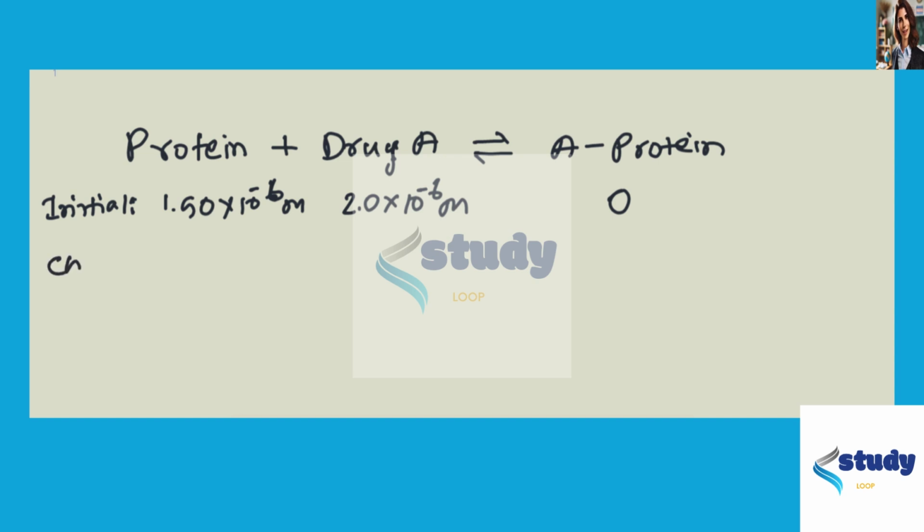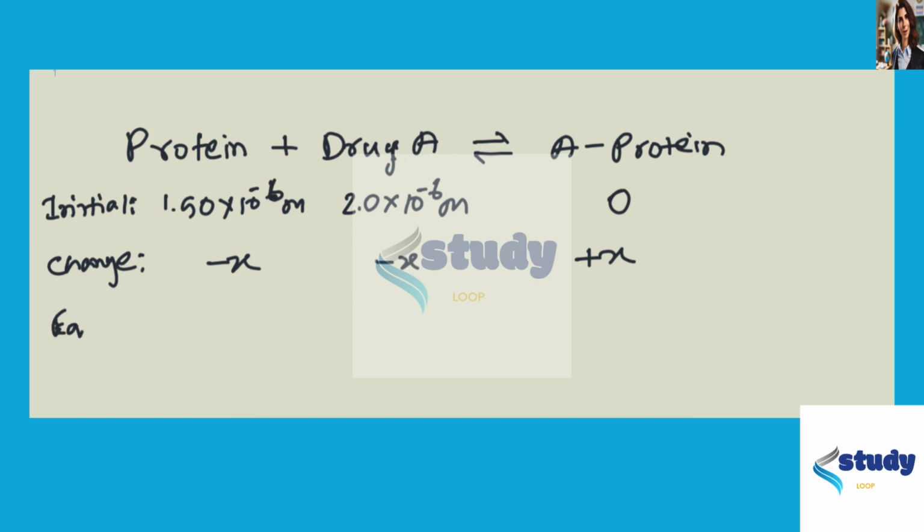Then if we consider the change as x, the change for both the protein and drug will be minus x, and for the drug protein complex it will be plus x. Since it's a 1:1 reaction, we don't have to raise the value of the coefficient for any of the components here.